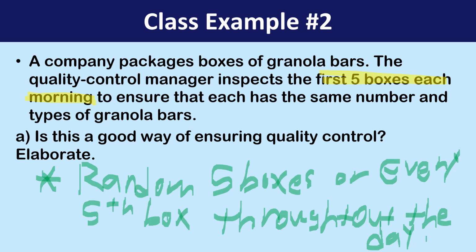Nowadays, yes, we do have machines and so on, but still, if you'd like to go through quality assurance, randomize a little bit. Instead of the first 5 boxes every morning, why don't you take random boxes throughout the day, or every 5th box, and then you collect 5 boxes, something like that. That would be the better situation.